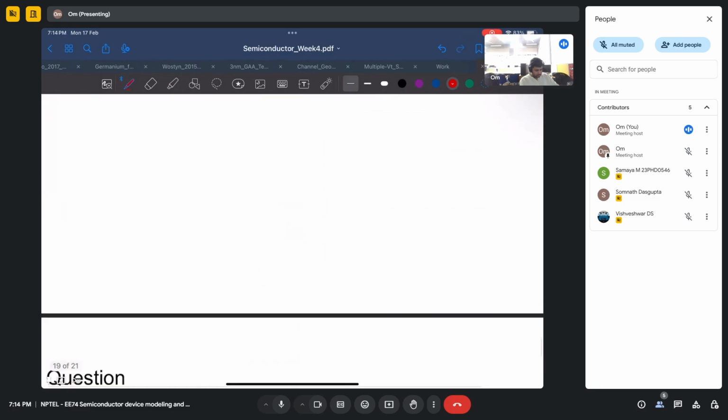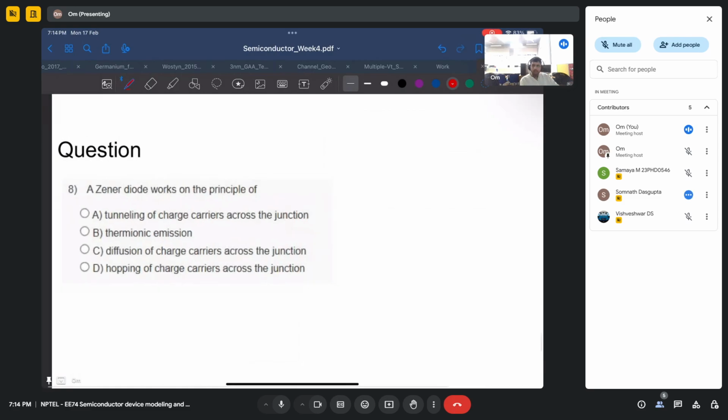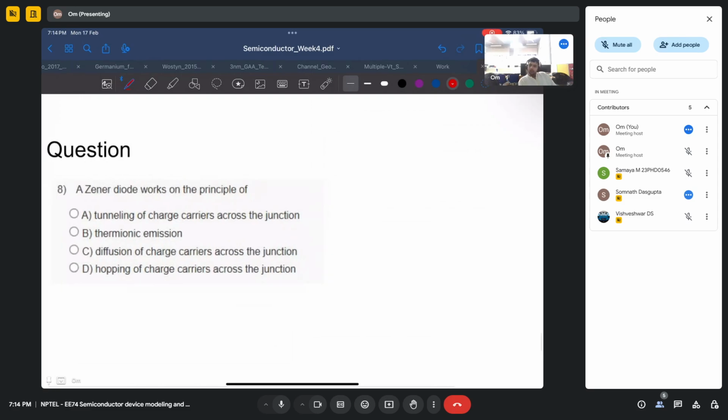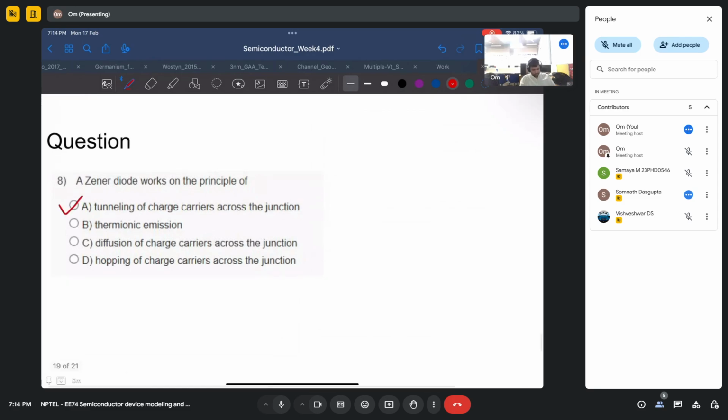Okay, so this question, let's take this one. Can you guess the answer here? No, it is option A. What happens in a Zener diode is both the N and P sides are very highly doped.